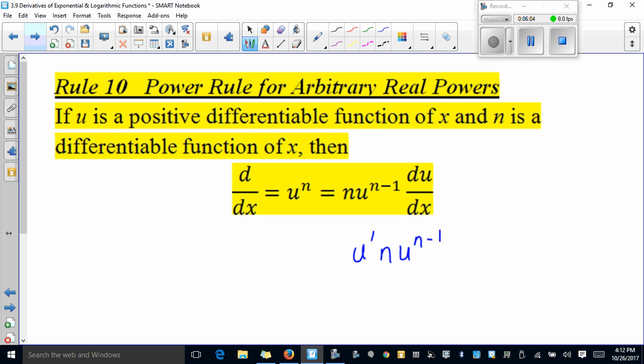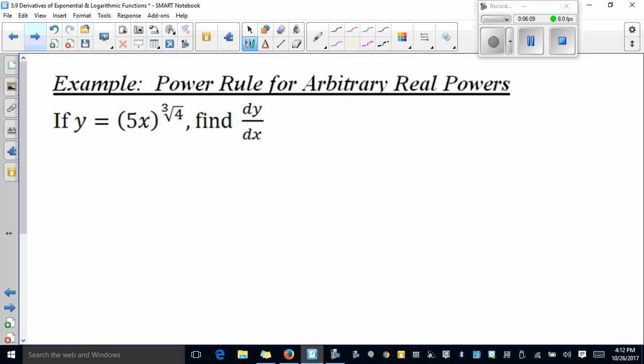So this first one, you can start going through. Keep in mind the derivative is u prime times n times u to the n minus 1. Basically, we've got the chain rule going on here. So u is equal to 5x, so u prime is equal to 5. Well, that's what we needed.